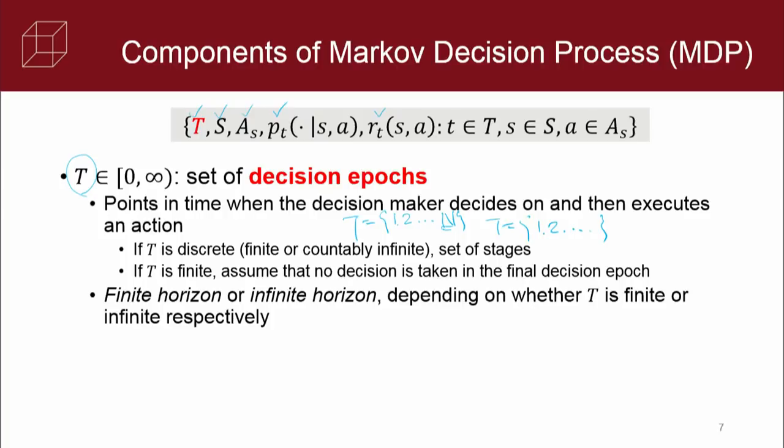And a Markov decision process is said to have either finite horizon or infinite horizon, respectively, depending on whether the upper bound of the set T is finite or infinite. So this is the case of the finite horizon, and this is the case of the infinite horizon.